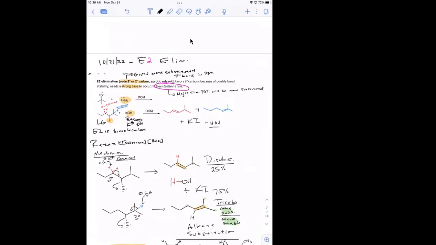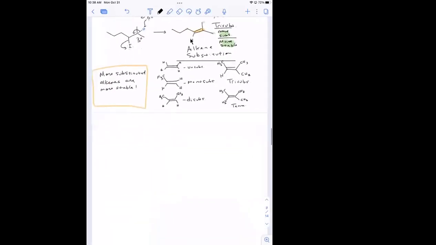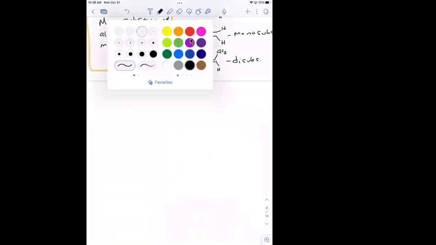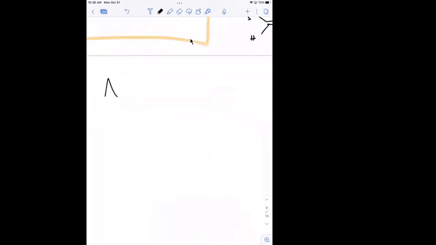Good. So the point is, whatever I do to either one of these components is going to change the rate. Not like E1, which is going to mirror SN1. This mirrors the SN2. So let's talk real quick about alkene stability, and then we're going to talk about the transition state. We'll probably be out of time.